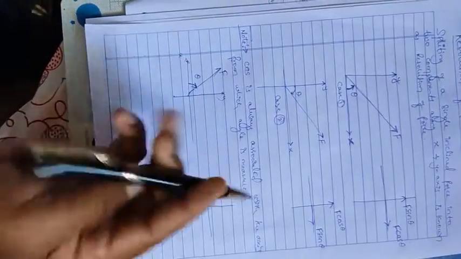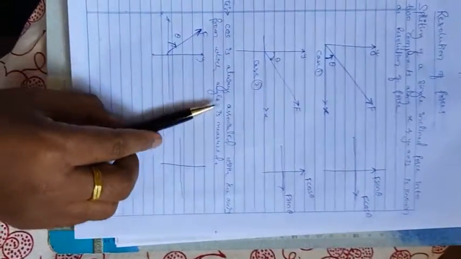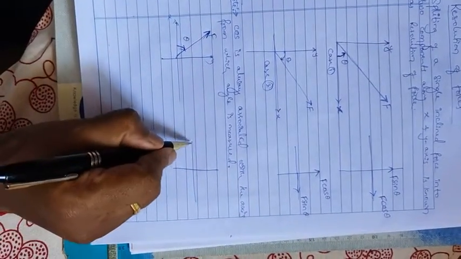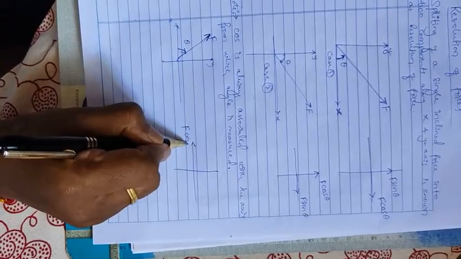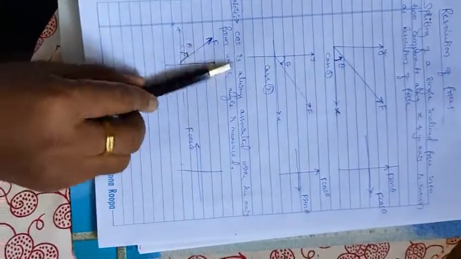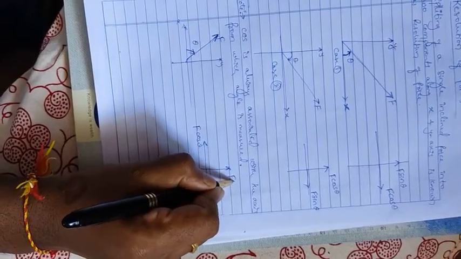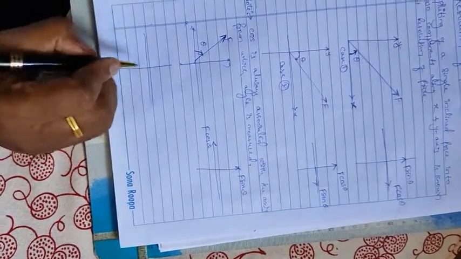As the force is in second quadrant, when I bring it along x, it is acting towards left. So the x component is F into cos theta. Now take the same force along y, it is acting upward, and it is F into sine theta.